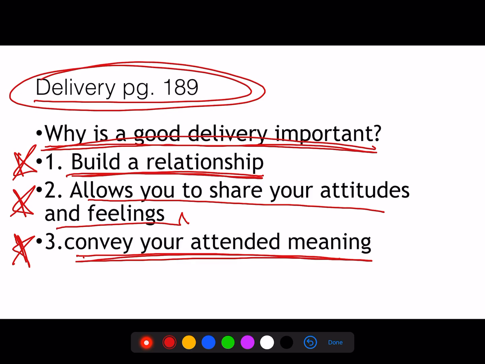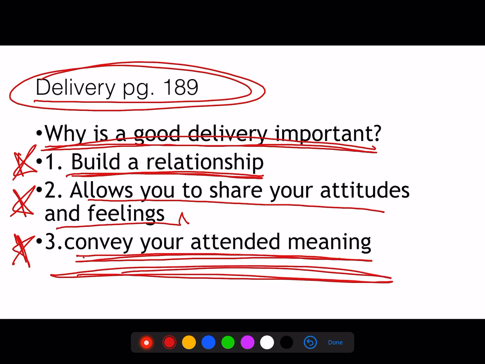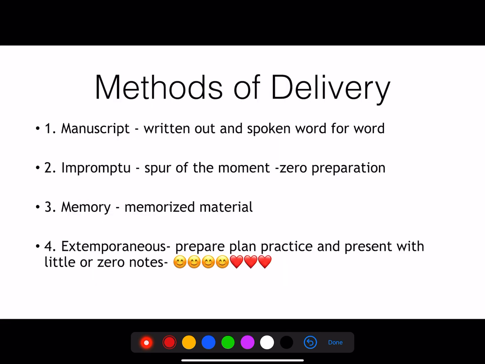And language has several different functions, but when we think about your delivery, there are 3 ways that a good delivery is important. Build a relationship, share your attitudes and feelings, and help you convey your intended message. All right, methods of delivery, there are 4.